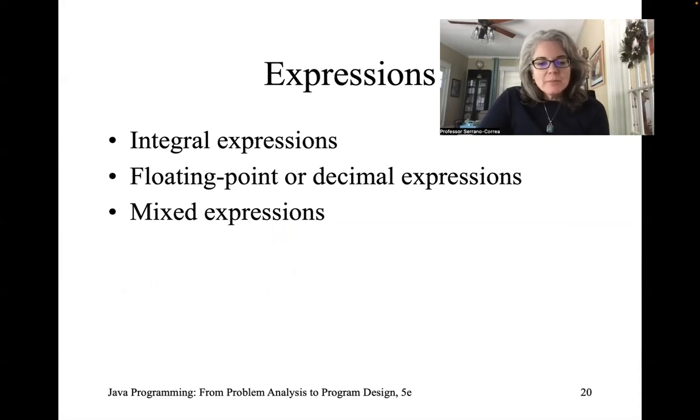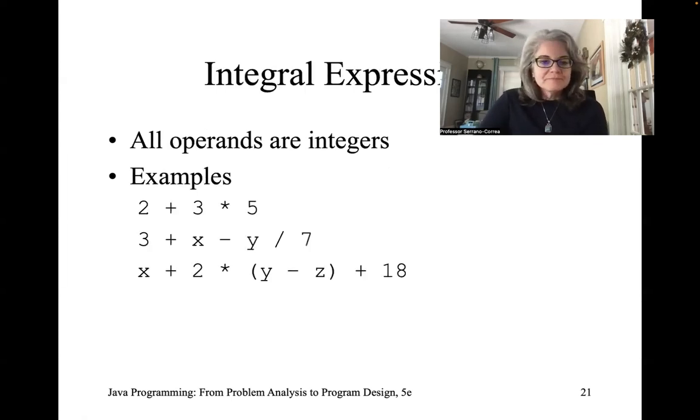Okay, again, this is some vocabulary. Integral expressions are expressions that have integers, like 2 plus 3. Floating point or decimal expressions are like 2.5 plus 3.7. Mixed expressions, you're adding integers and floating point numbers, like 2 plus 3.5. So let's take a look at this.